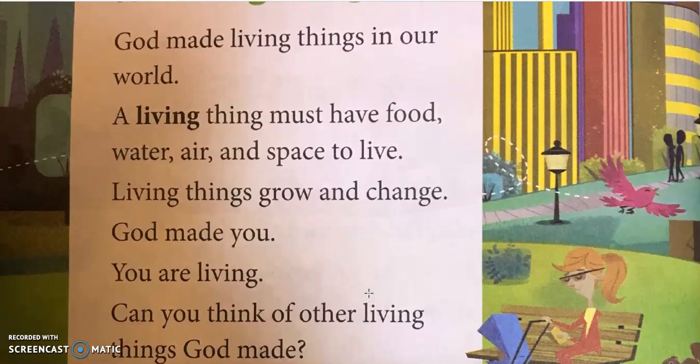So, question before we move on. Who made living things? Yes, God. God made living things. And what do living things need? What do they need? Right, it's right over here. They need food, water, air, and space to live, right?